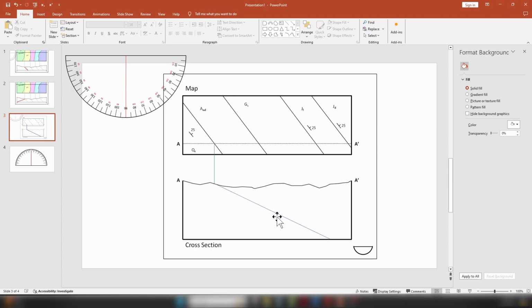That's how I know that my layer of rock is dipping in this direction towards A prime rather than dipping towards A. So all you're going to do is you're going to do the same thing for this boundary, this boundary, and this boundary. You're going to project them down, and then you're going to draw the boundary extending underground, and your boundaries are going to terminate at the margins of your cross section.